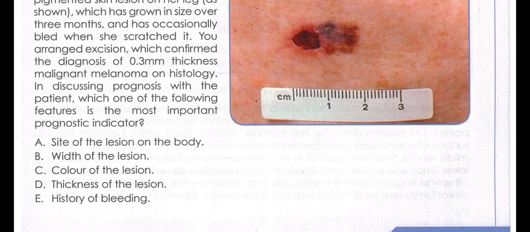Options are: A, the site of the lesion on the body; B, the width of the lesion; C, the color of the lesion; D, the thickness of the lesion; E, the history of bleeding. So here the answer is the thickness of the lesion. You have to keep in mind that thickness of the lesion is the correct answer.